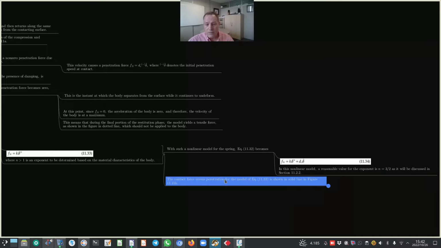The contact force versus penetration for the model of equation 11.33 is shown as a solid line in figure 11.11b.